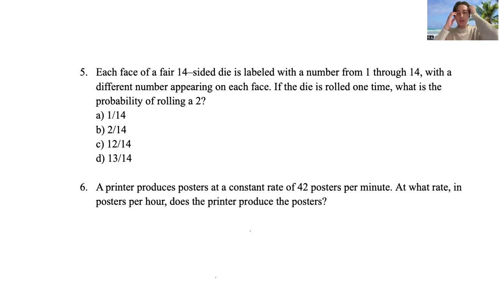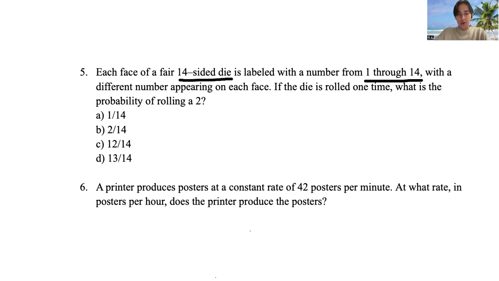Okay, so this is a relatively straightforward question, but the problem is that the wording can be kind of confusing. So what we have to pay attention to is the die has 14 sides. It's a 14-sided die, and each side is labeled with a different number from 1 to 14.